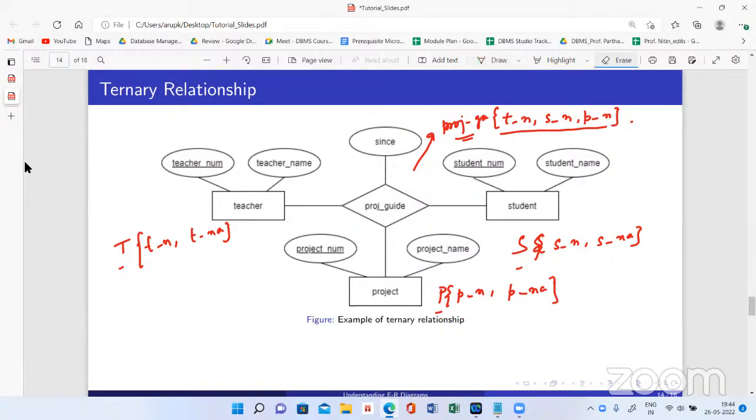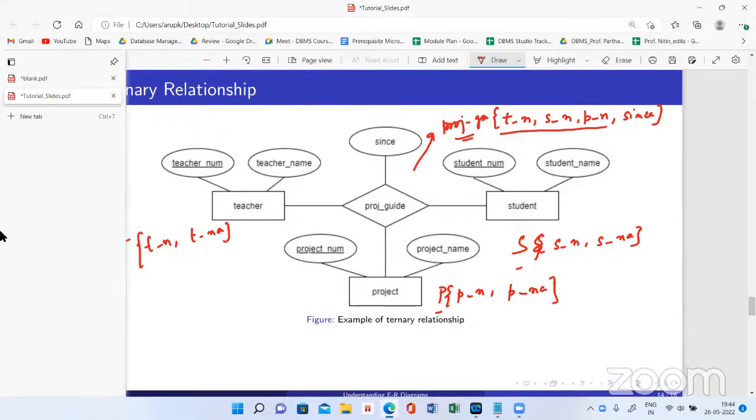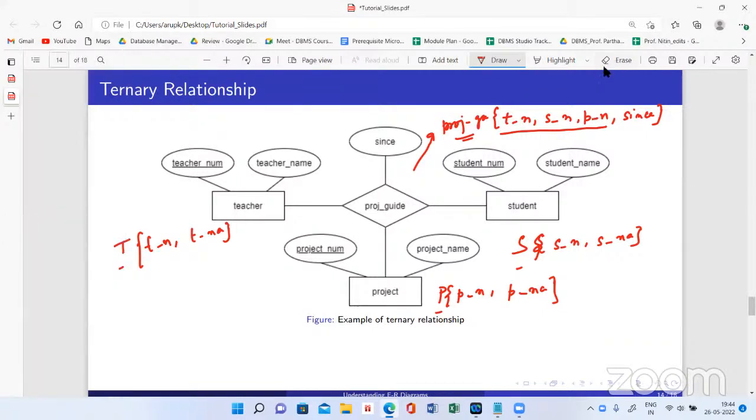It should also be part of this table. Since is the date when the particular student is assigned with a project and teacher. Got it. The same thing is there, only here conditions are not there, so only one table will suffice.